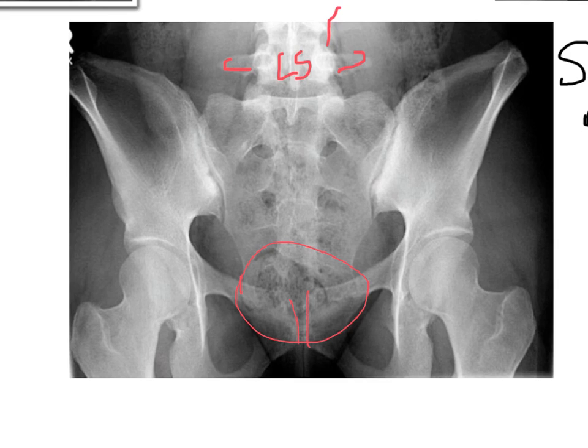Good news is it is not covering our SI joints, so it is not in the main area of interest. But what you're looking at, as most of you are aware at this point, is fecal matter within the intestines. And a lot of times that will superimpose or obscure some of the anatomy. And so it's very important to ask your patients to use the restroom prior to performing the projections.